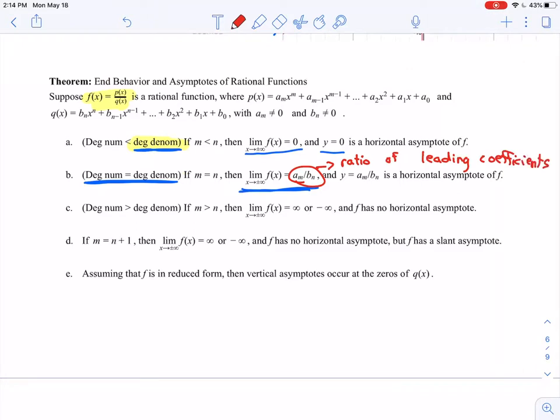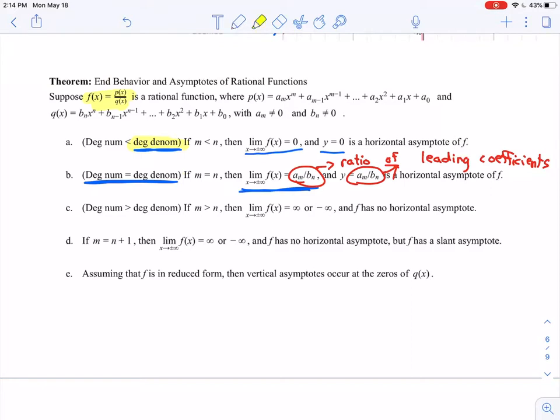So you just take the leading coefficient of the numerator, divide it by the leading coefficient of the denominator. And then that same value is a horizontal asymptote of your function. So if they're the same, then that's what happens.